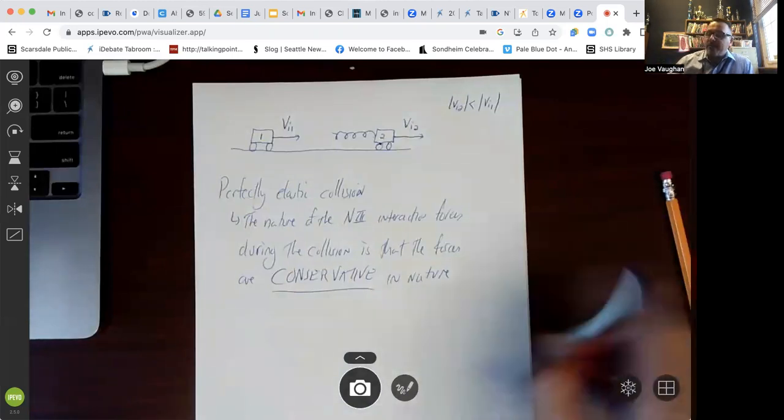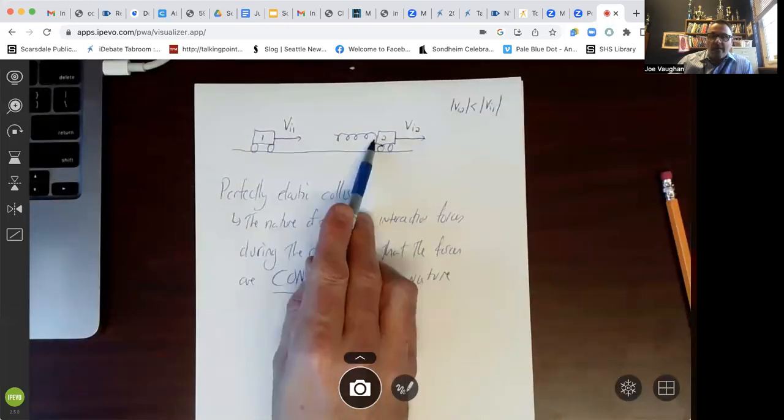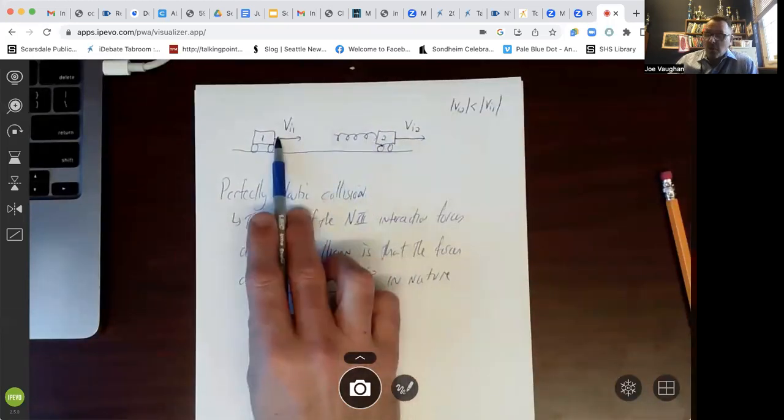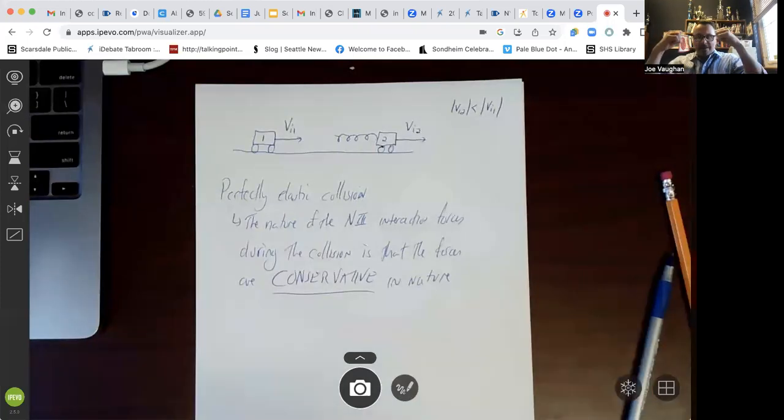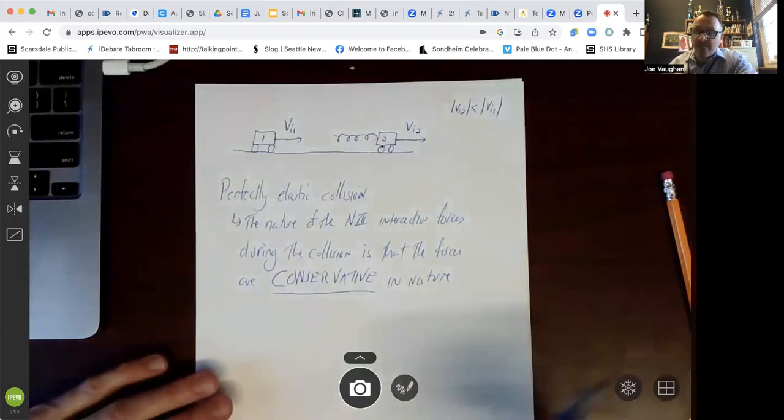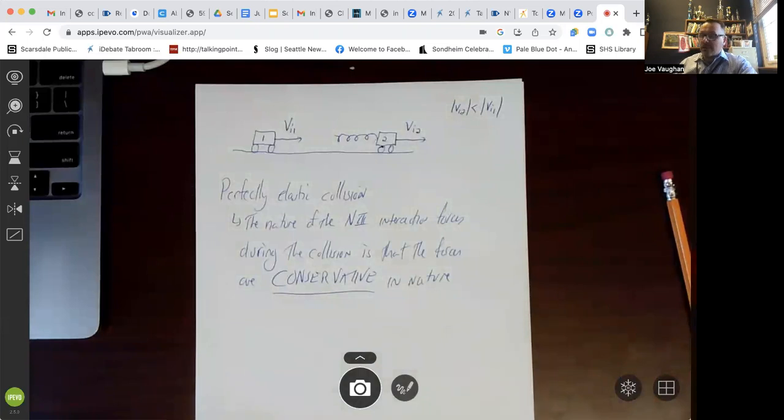Or maybe I have two magnets of like polarity, like two north ends, so they would get together, repel, never actually touch, and then go apart. But the nature of the forces is conservative, and that's going to have two implications.